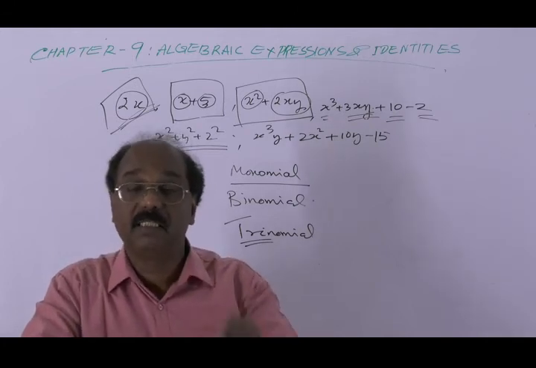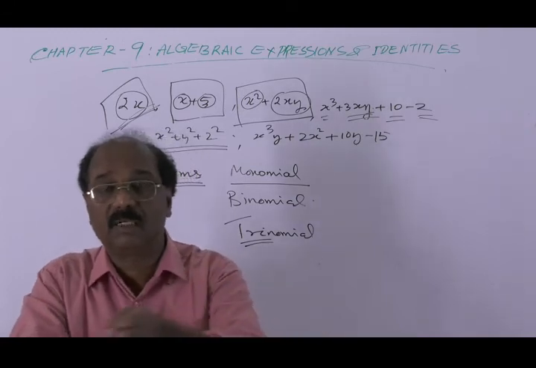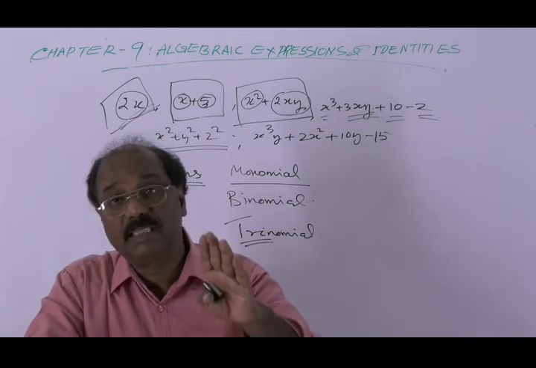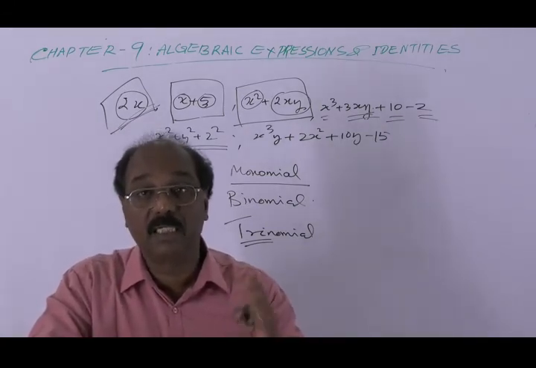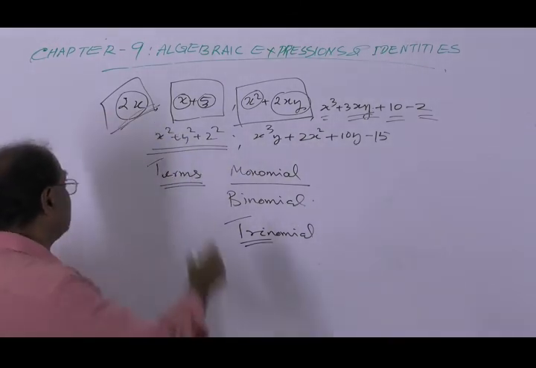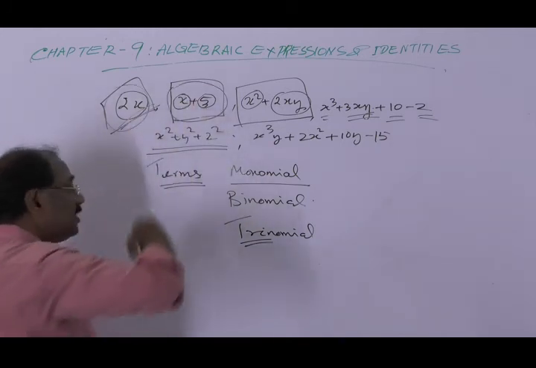A term contains two parts, the constant part and the variable part. If the variable parts are the same, the terms are called like terms. So consider 2x in this polynomial and x in x plus 5.